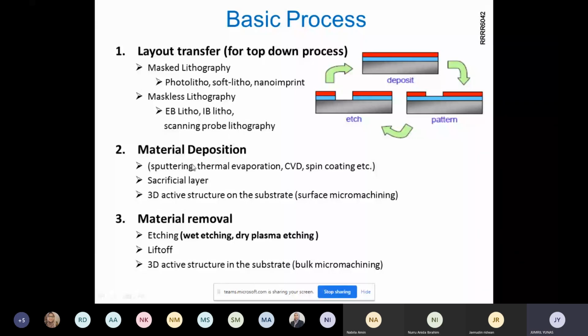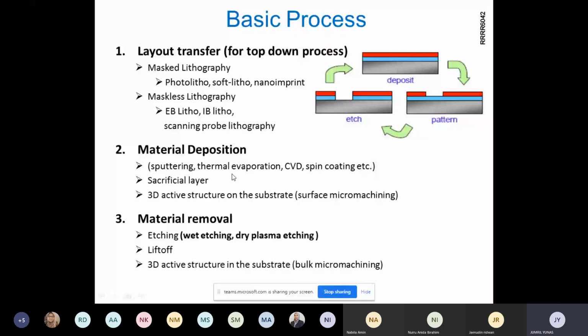For material deposition, we know the process to create the layer can be done using a sputtering process or thermal evaporation of metal layer, CVD, spin coating, etc. So material deposition also can be used to create the sacrificial layer.